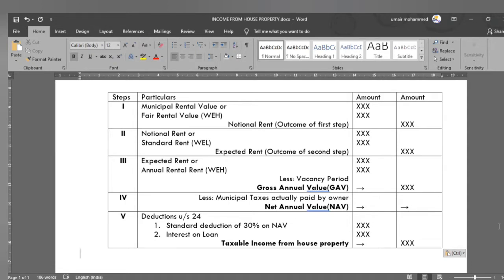Say St. Joseph's College is in Langford town. In Langford town, 1200 square foot, 30 by 40 dimension, a 2 or 3 bedroom house with kitchen: what is the rent for a house with these specifications in Langford town?